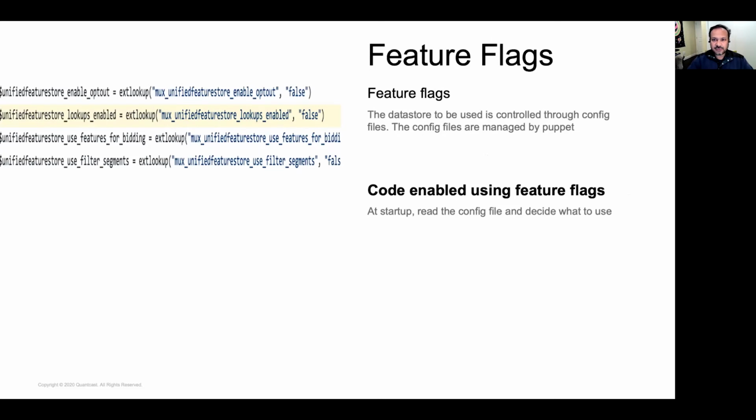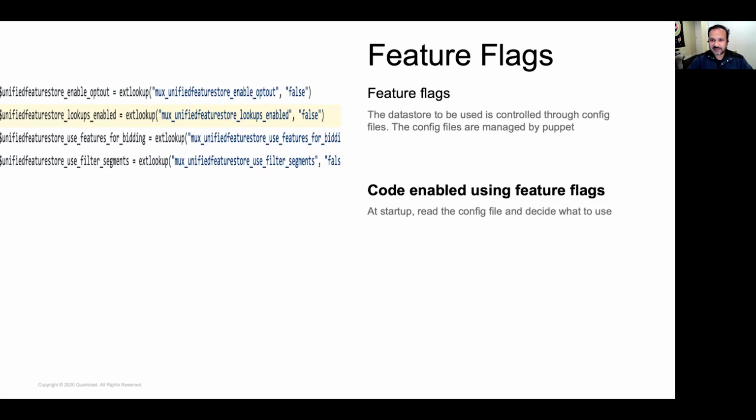To achieve it, we used feature flags pretty extensively. We used Puppet to manage our config files, and the feature flags would be updated in a config file using Puppet, and this would make the rollback pretty easy for us.